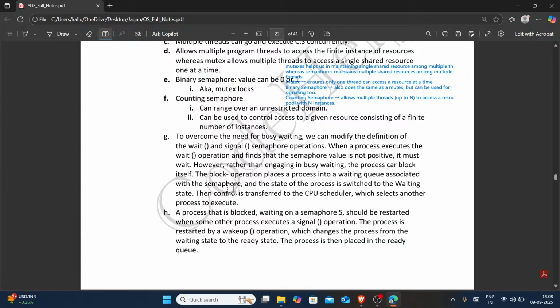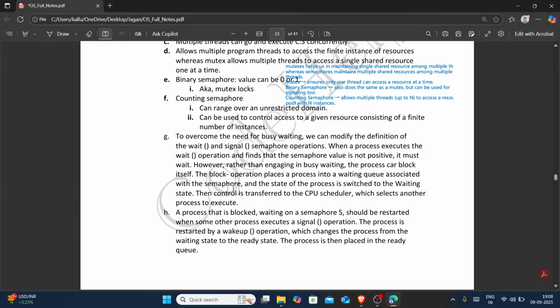Then control is transferred to the CPU scheduler. When a process executes the wait operation and finds the semaphore not positive, rather than being in busy waiting and wasting CPU cycles, we keep that process in the waiting queue associated with the semaphore, and the state of the process is changed.